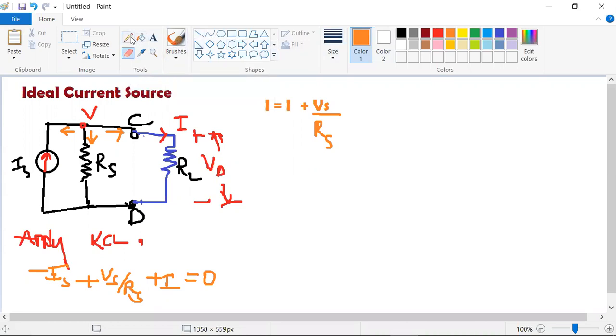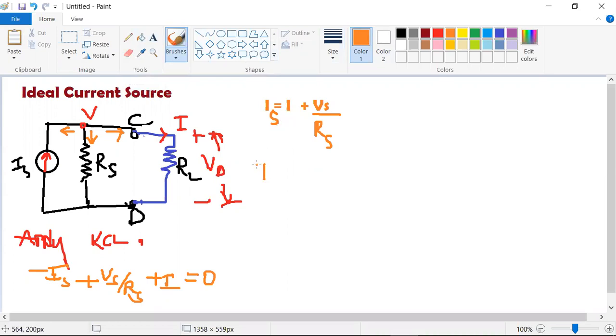Yes. But if you write it in the form y equals mx plus c, it needs to be dependent upon this; this comes under a different category.